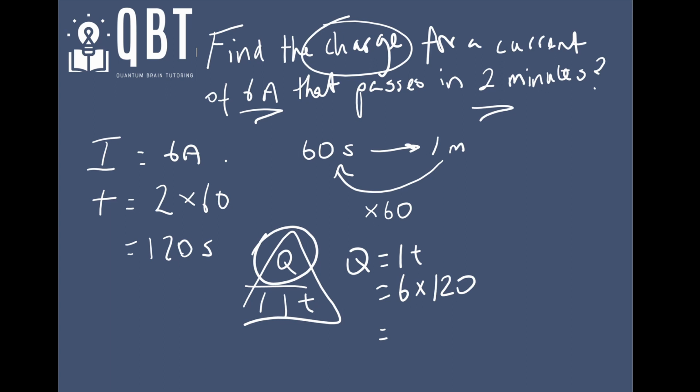For those of you that are good at your maths and can do this in your head, you will know that the answer is 720, and the unit for charge is the big letter C, which is coulombs. So that is how we use our charge equation to find the charge from current and time.